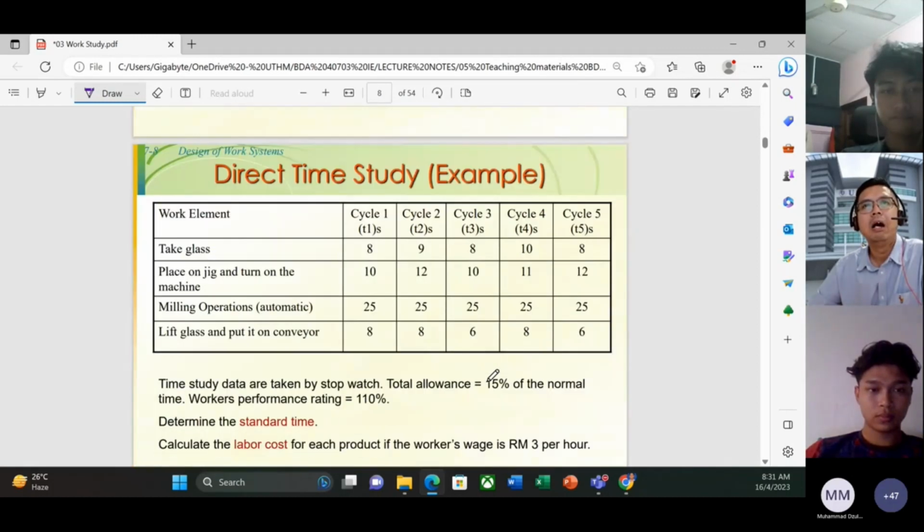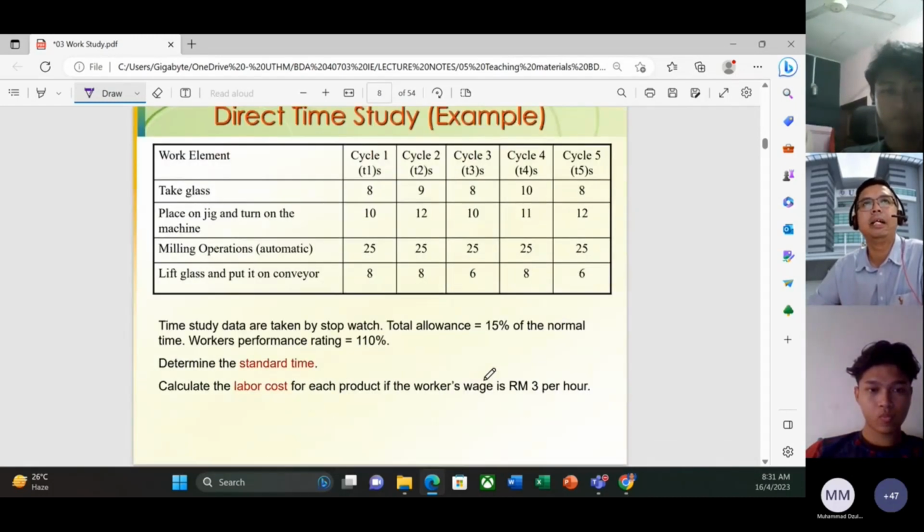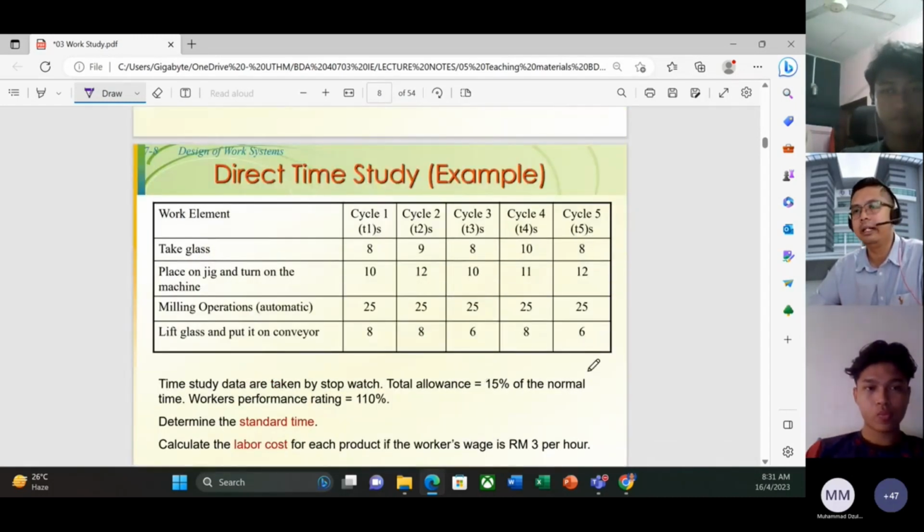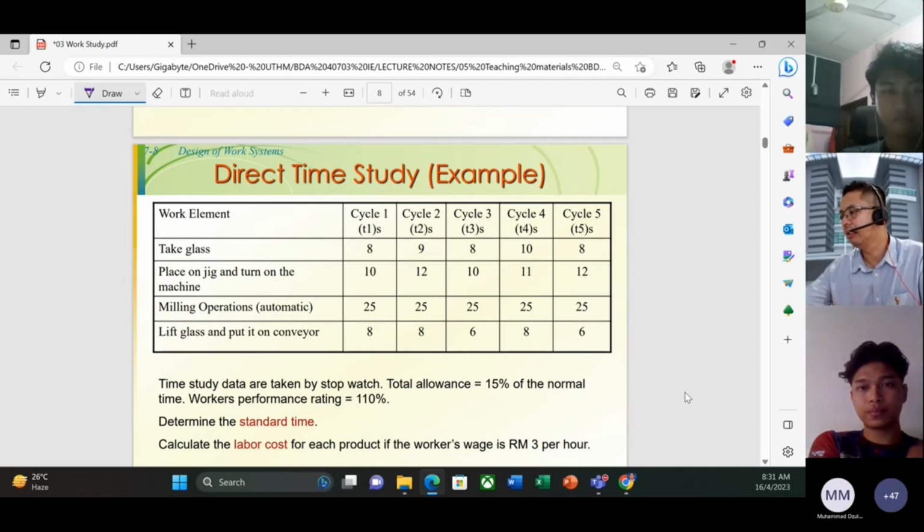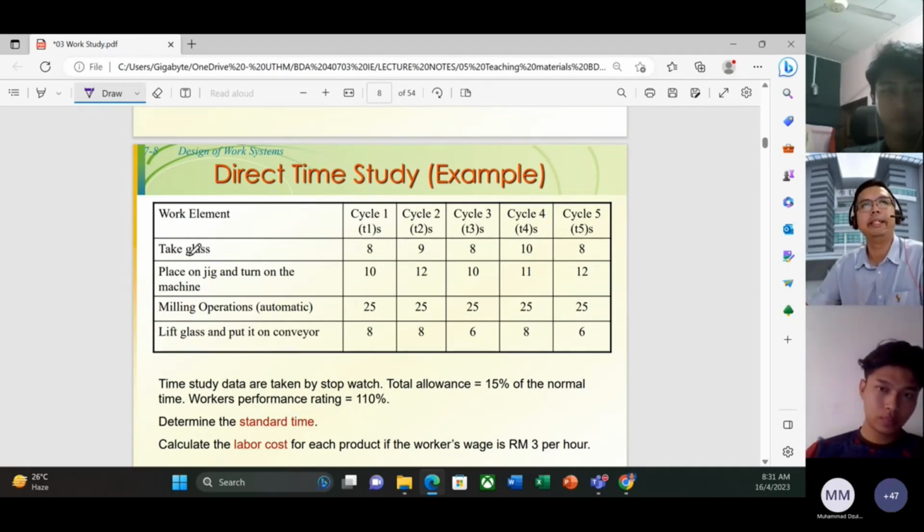Okay, let's go to our example. I give it to you. Please copy down first, 2 or 3 minutes. So please copy down this table. Element, task, cycle time.